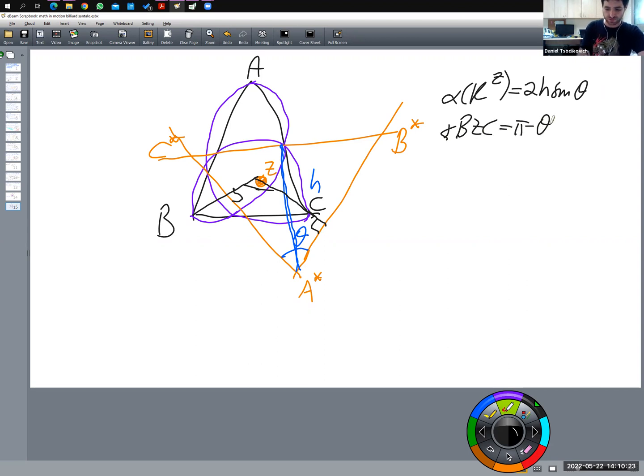So we understand what the sine is. What about h? So h is a bit trickier. So instead of thinking about h itself, we draw a parallel line to B star C star that passes through A, and then h is the same length as this segment.